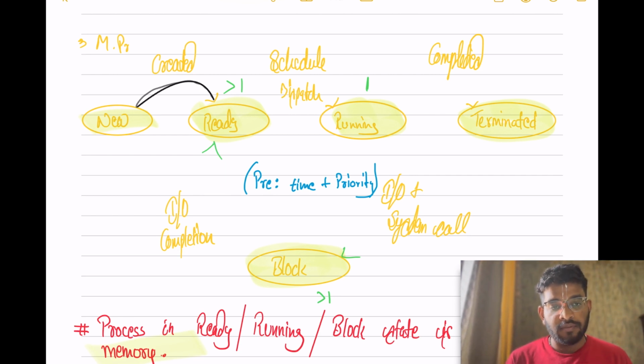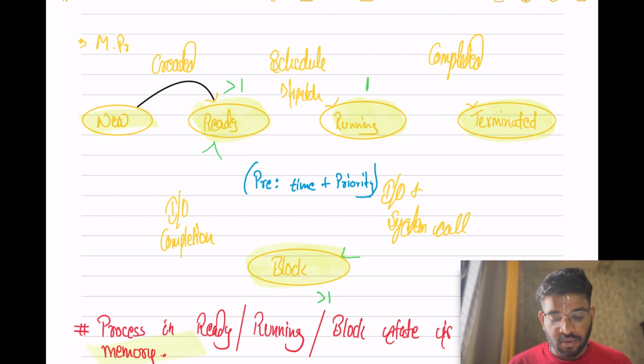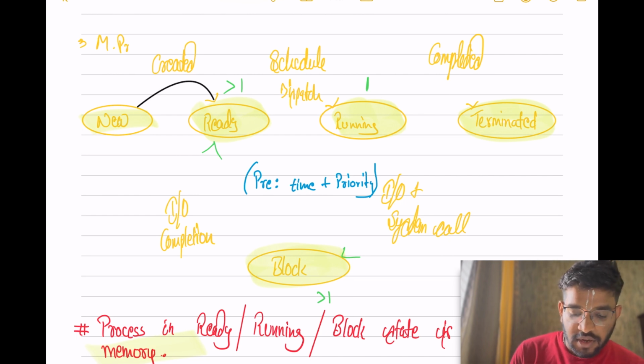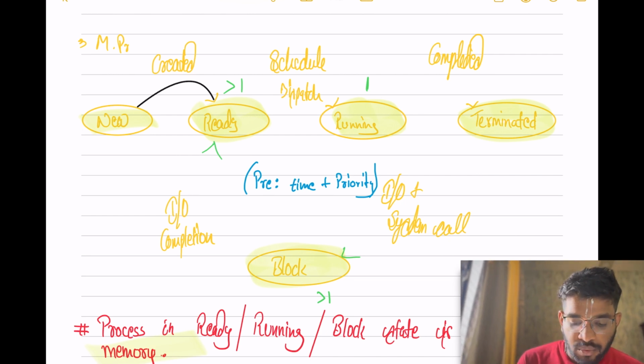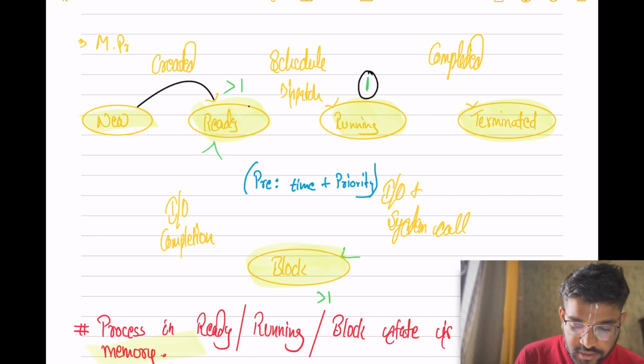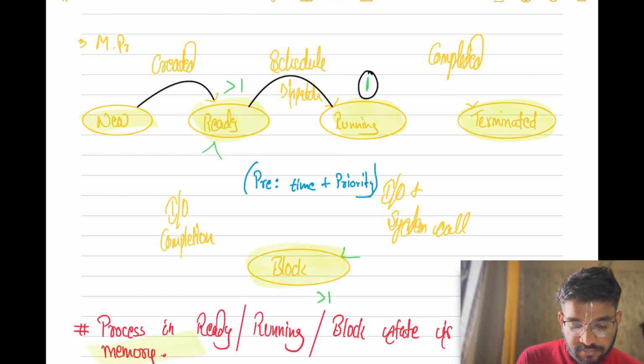Now if we have only one processor in our system, then only one process can be in the running state. So the number of processes in the running state is one, and only one process can be scheduled or dispatched to the running state, while the ready state can contain more than one process.